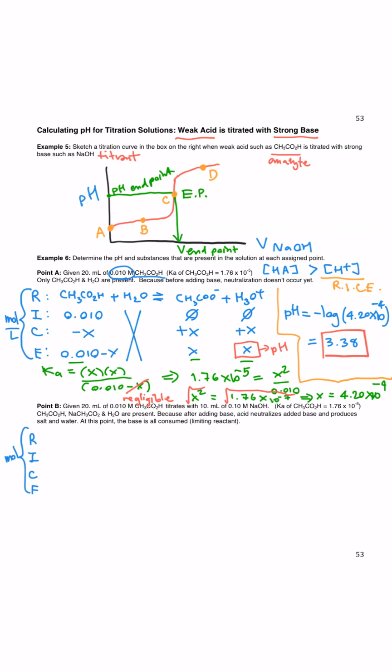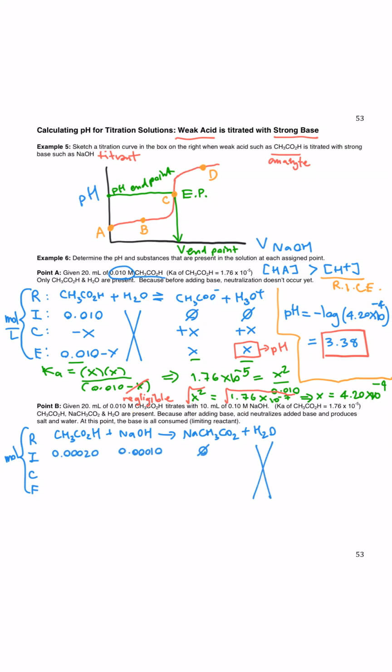The neutralization reaction of this acid and base is acetic acid reacting with sodium hydroxide to convert to sodium acetate and water. And because acid and base react in a stoichiometric ratio, you will need to convert the volume and molarity into number of moles first for both of them.